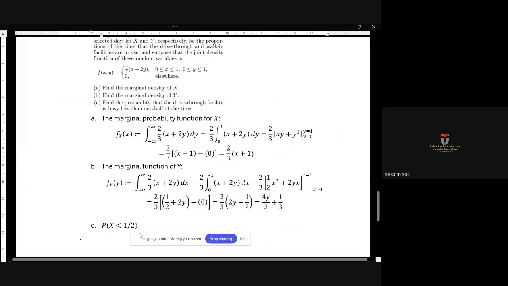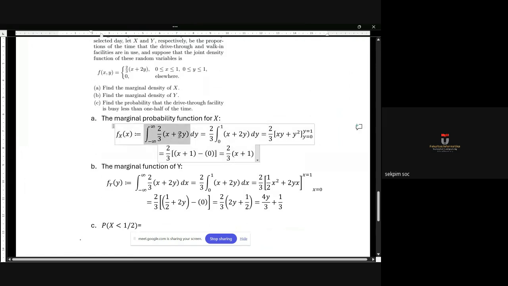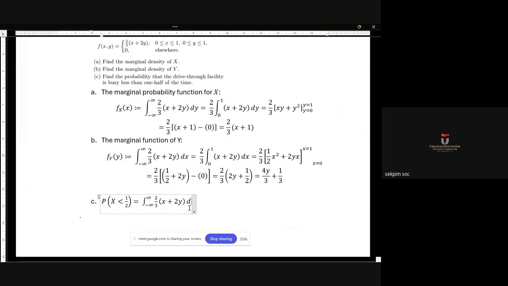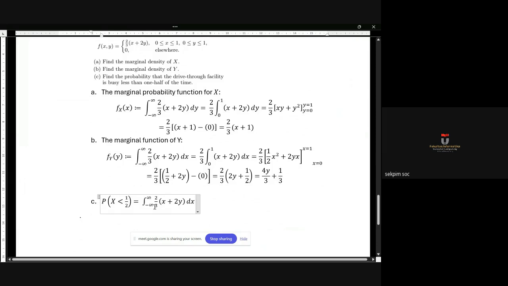So to find this, since this only asks about x, it only depends on the marginal function of x. So we can take the integral from this, right? So this one is actually the integral dx.